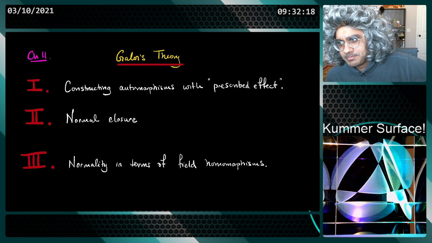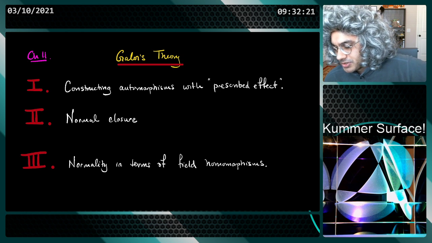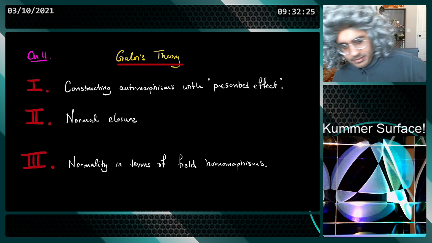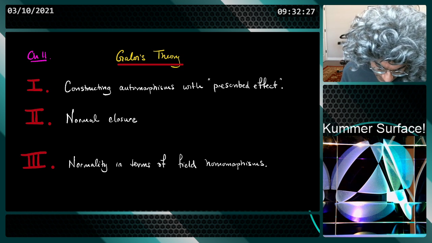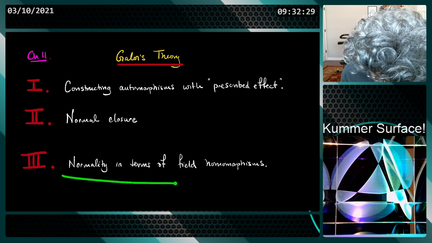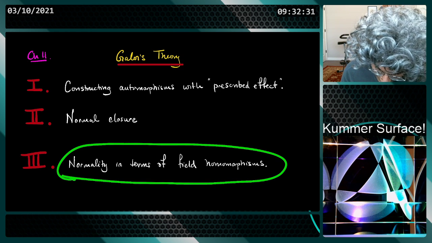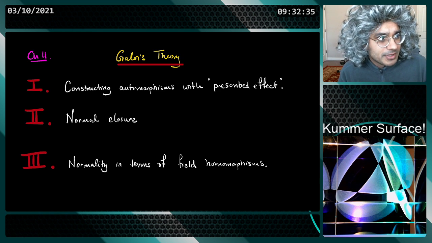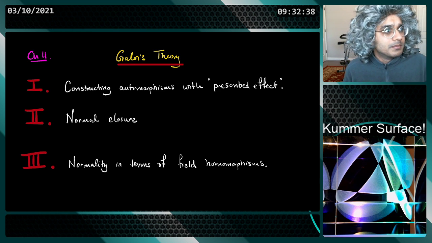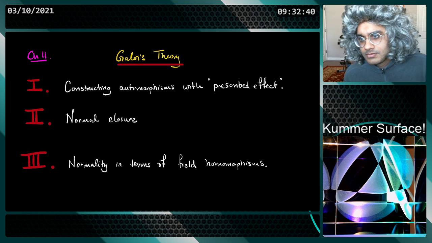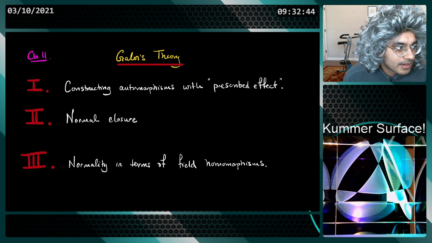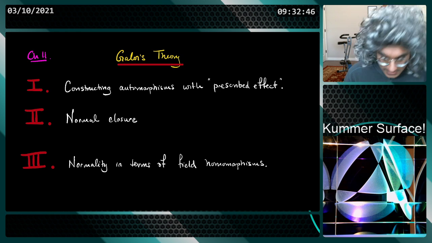You can upgrade it. That's the point of normal closure, and you can do it in a minimalistic, unique way. And then I want to talk about normality from a slightly different perspective than what its original definition says. Okay, that's the plan, and let's begin.